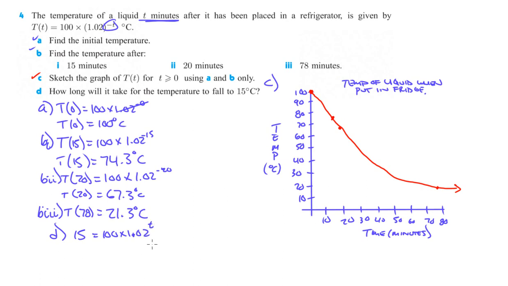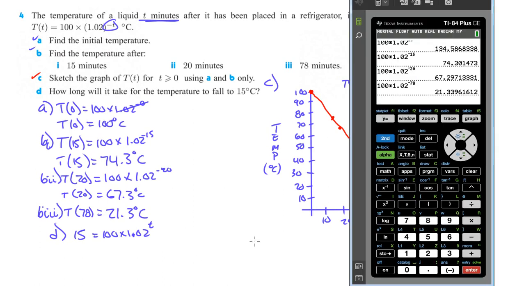So we have to figure out what that time is. Okay, so we can put this into the graphing calculator. We can also do this as a logarithm, but we haven't quite gone over that yet. So let's just stick to the graphing calculator here.